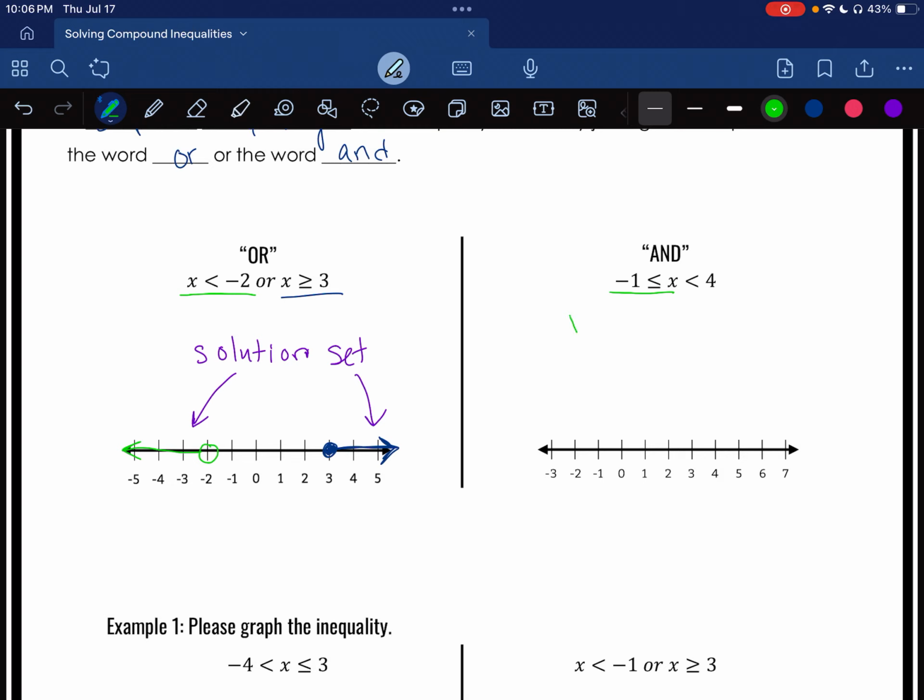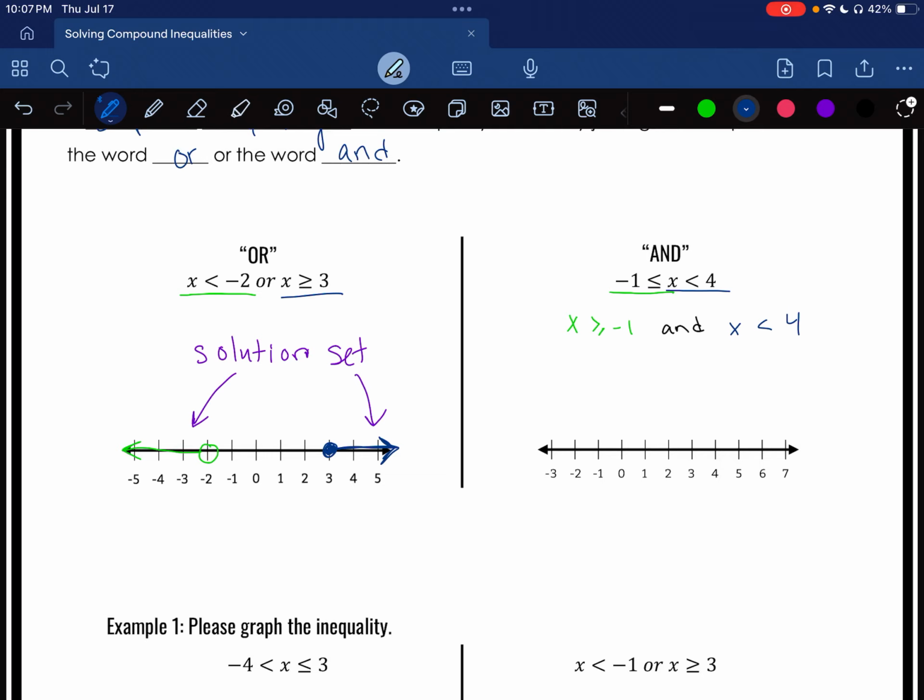It says X is greater than or equal to -1. All right, and then we have and then this statement here, X is less than 4. So what we're looking for is an area where both of those things are true. That's what we mean by that word and there.